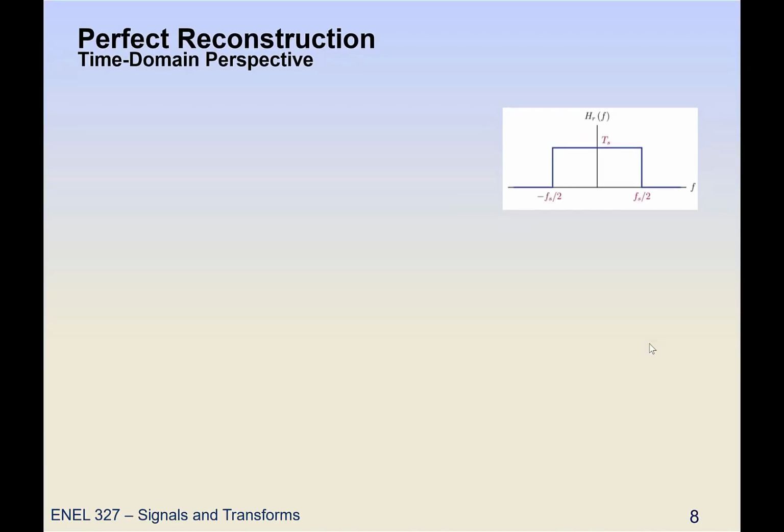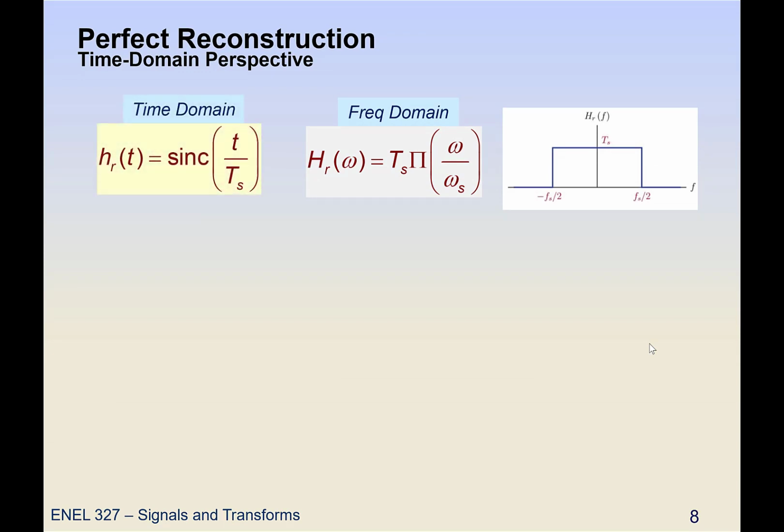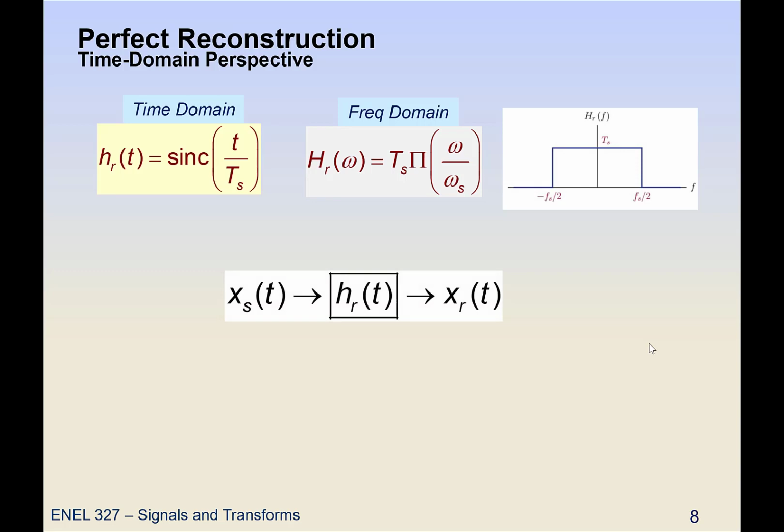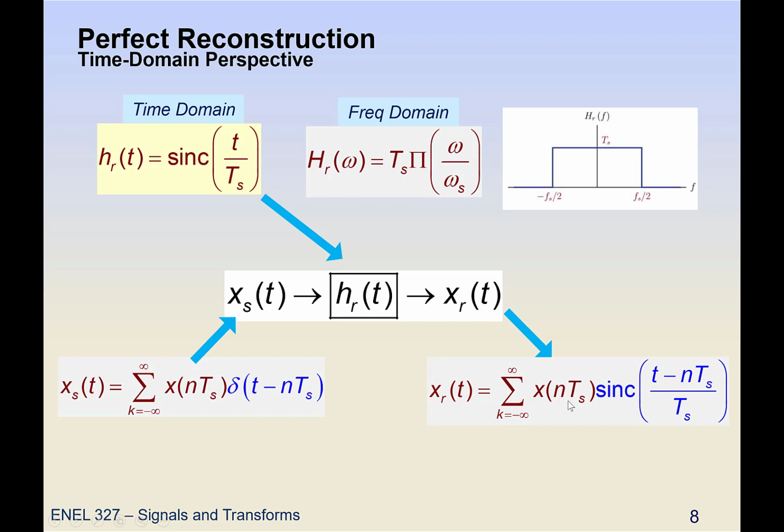If in the frequency domain we have a pulse, then in the time domain the impulse response of the perfect reconstruction filter is a sinc function. So if these are the samples we send into the reconstruction filter, just a bunch of impulses, and they are convolved with a sinc function, then the output is a bunch of scaled and shifted sinc functions.